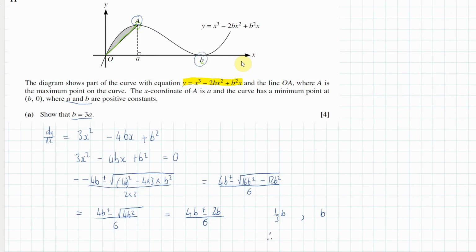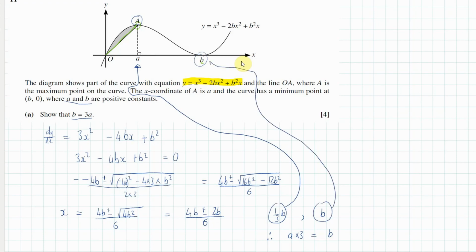And that means, therefore, a times 3 equals b, because this x value, and perhaps I should have written x equals here, is that one there, and this one here is that turning point there. Well, I hope that makes sense to you.